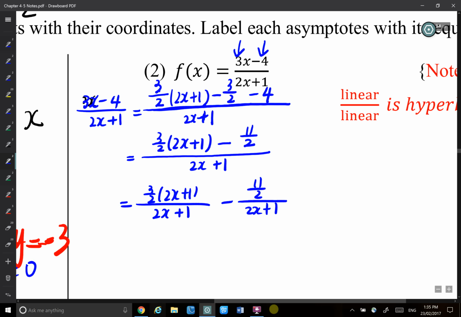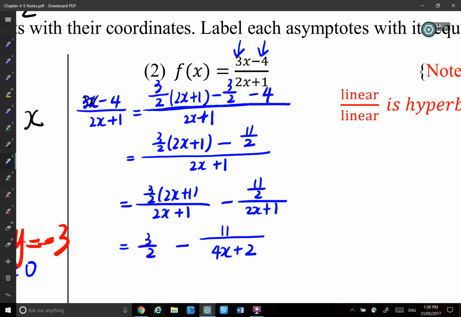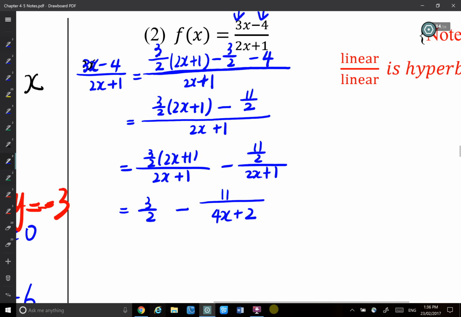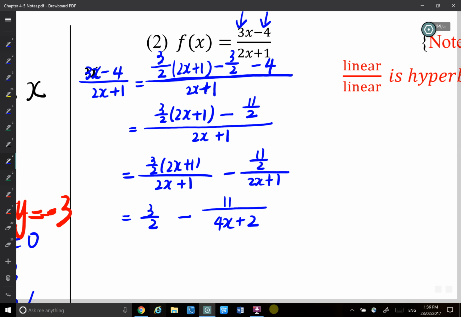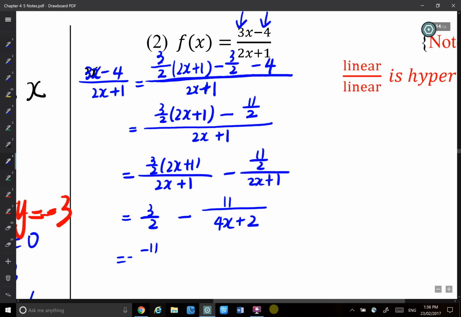So what I have here is 3 over 2 for this and minus 11 over 4x plus 2, times 2 on both top and bottom. Can you see that's a hyperbola form? That will be minus 11 over 4x plus 2 plus 3 over 2. That's a hyperbola form.